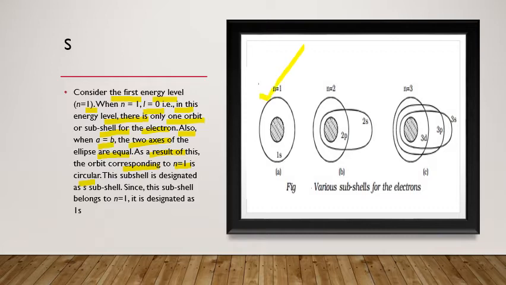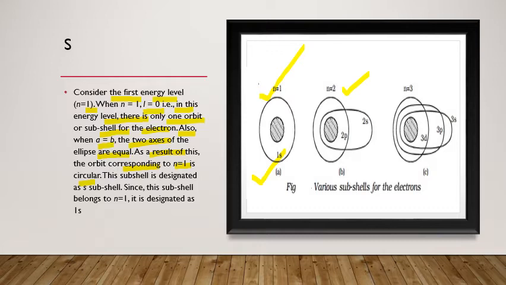You are able to see here that when the principal energy level is 1, there is only one subshell or suborbit, which is circular, denoted as s, and Sommerfeld named this subshell as sharp. Now for n equals 2, we have two subshells.